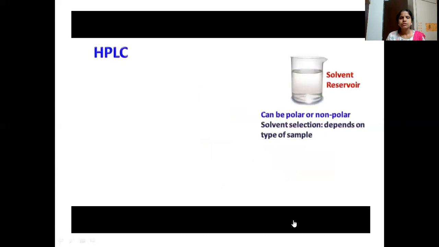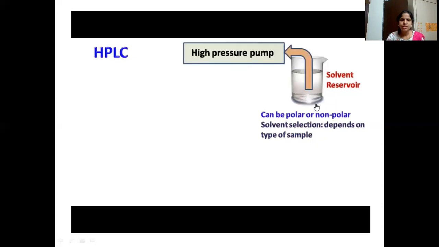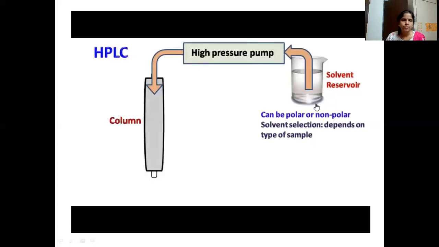Those solvents we have to store in a solvent reservoir, from where they will be pumped into the column by applying some pressure. Before it enters the column, we have to inject the sample also, so a sample injector is there.